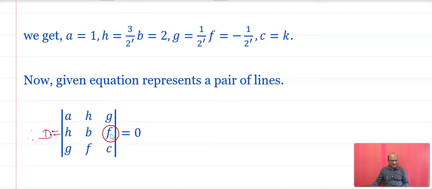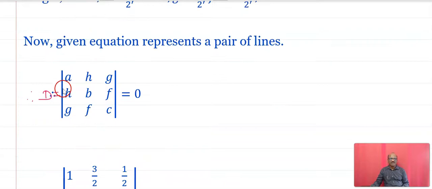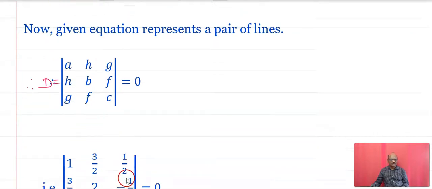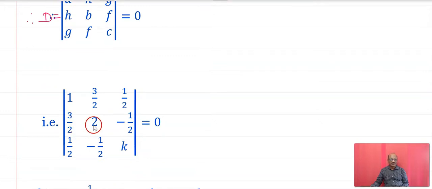Therefore the value of this determinant must be 0. a, h, g, h, b, f, g, f, c, the symmetrical matrix. Substitute the values. What is that? a is 1, h is 3 by 2, g is 1 upon 2. Again h is 3 by 2, b is 2, f is minus 1 by 2. And next g is 1 upon 2, symmetrical. Here f is minus 1 by 2. c is k.